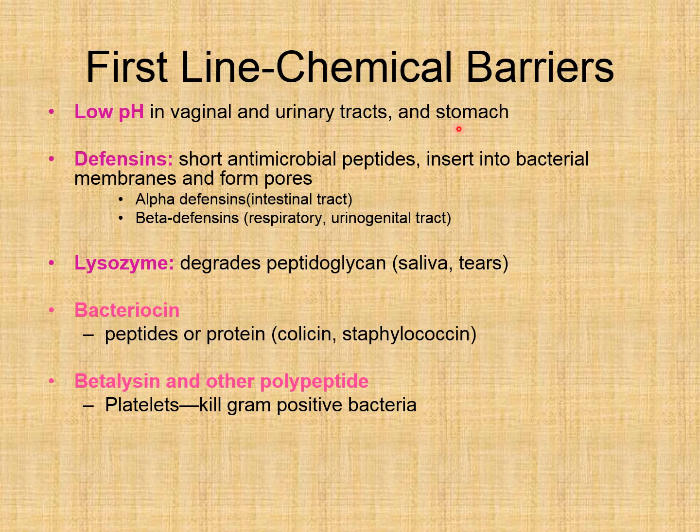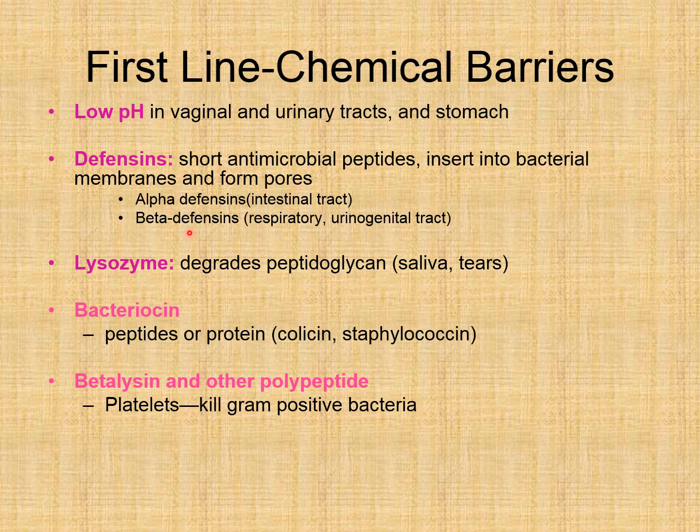The second type of chemical barrier is chemicals called defensins, which are basically short, 29 to 35 amino acid antimicrobial peptides, which can form pores in the pathogen's or bacterial membrane. They are of two types in humans, either alpha defensin or beta defensin.